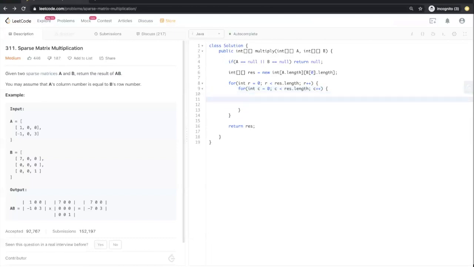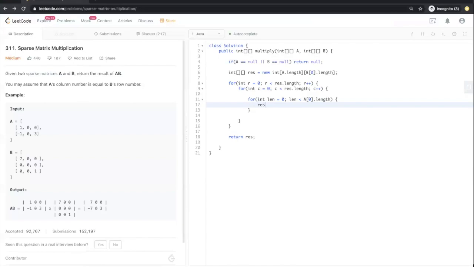All right, so we're here. Now the next thing we need to do is the length work. 0 less than A of 0 dot length, right? Since we know the column length is equal to the row length of B, all right?